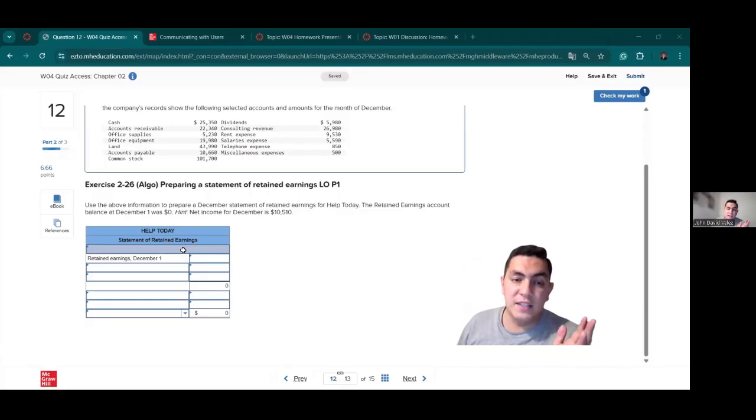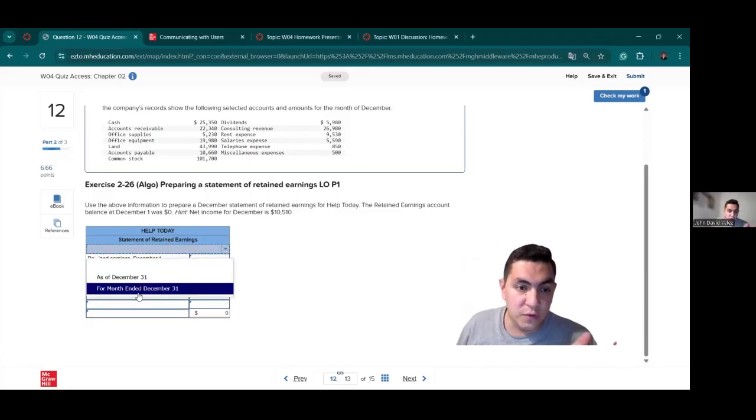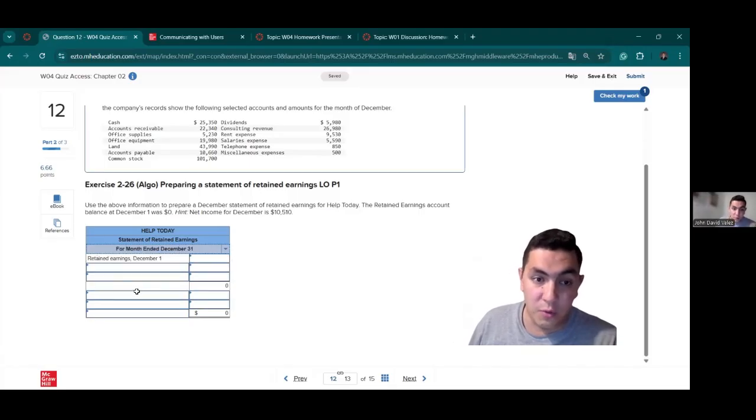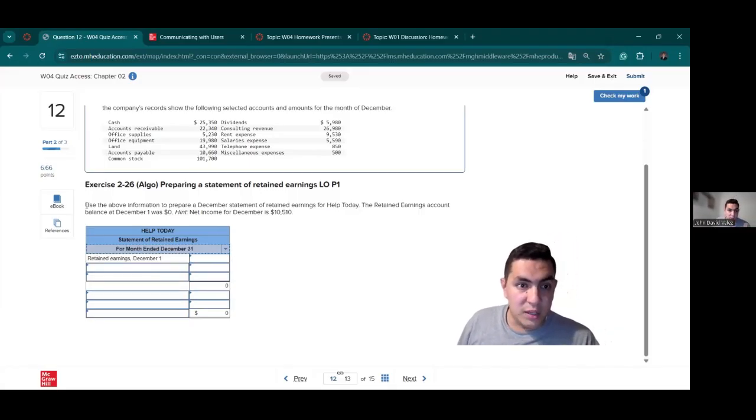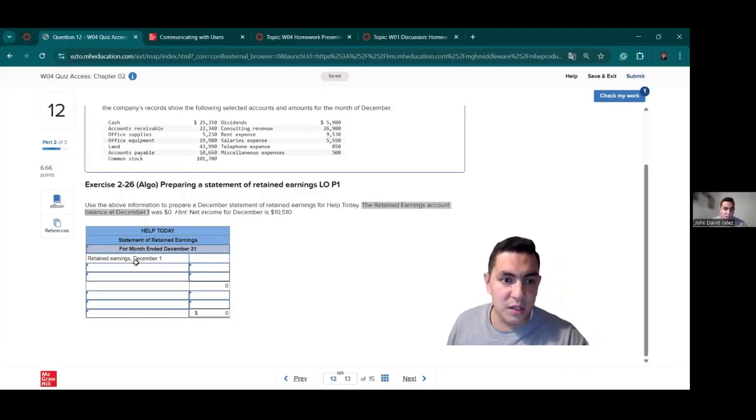So we choose for the month ended December 31. We read that the retained earnings account balance at December 1st was 0. So for retained earnings December 1st, we need to put 0.